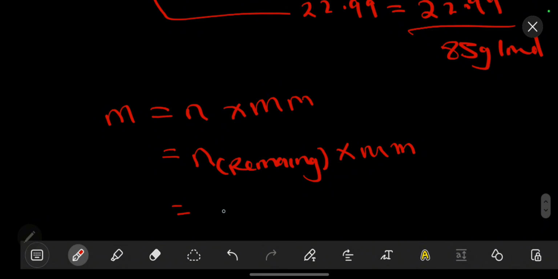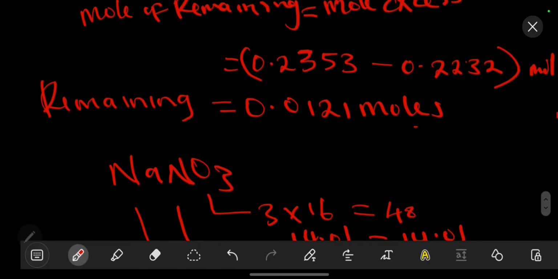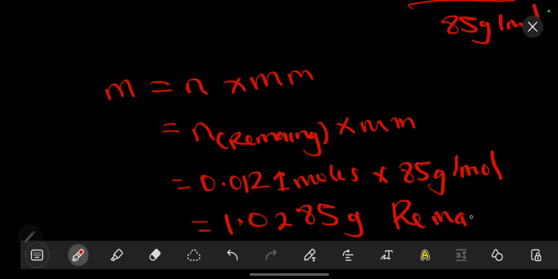The remaining was 0.0121 moles times the 85 grams per mole. Then we just multiply 0.0121 times 85. The value it gives us is 1.0285 grams. So this was the grams that was remaining.